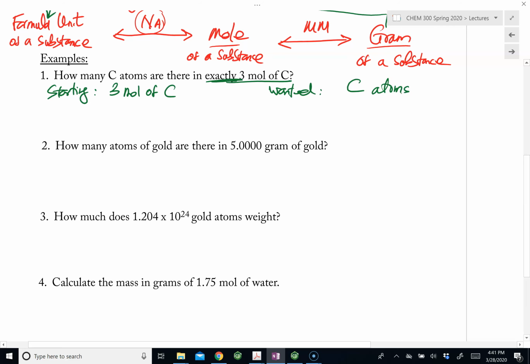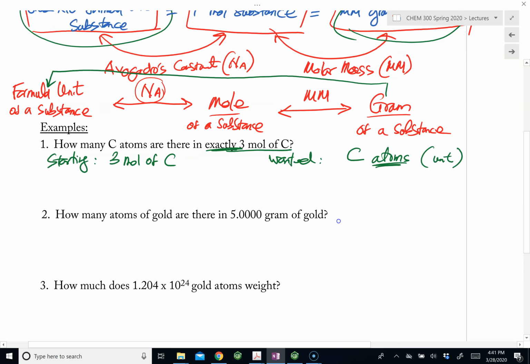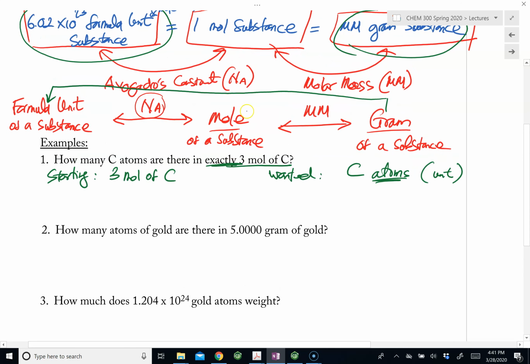Now because carbon is an element, the atom is basically its unit. So here in this case we can then see that we need to convert between mole to units. So we'll be using the Avogadro constant as the conversion factor.